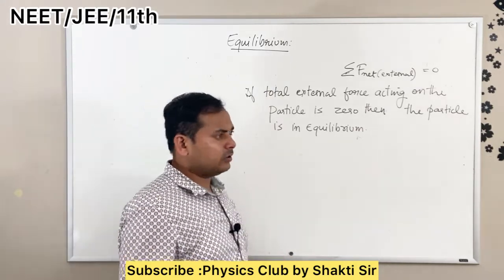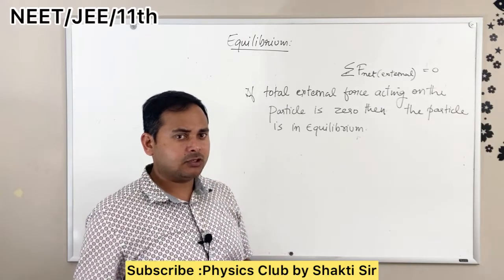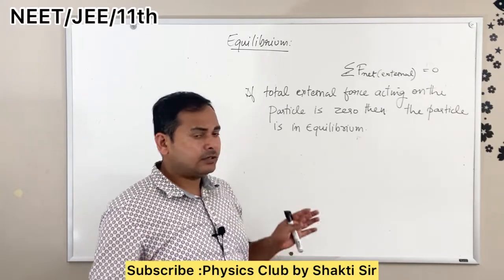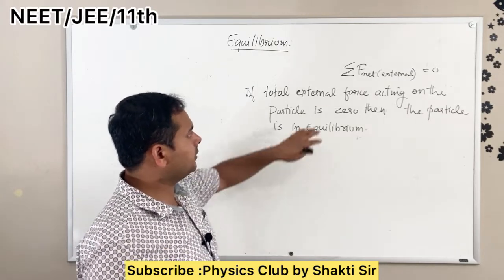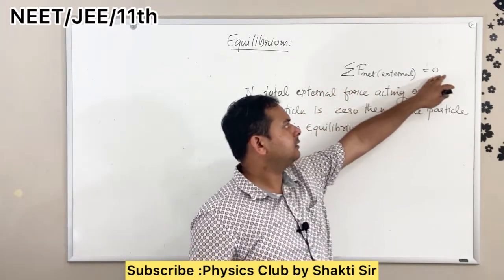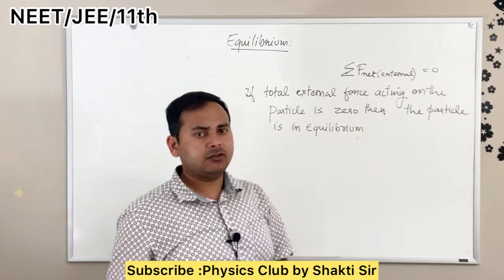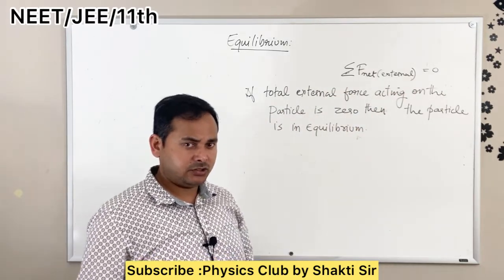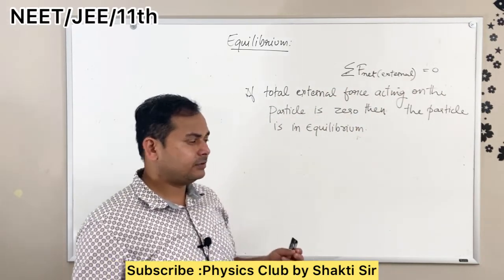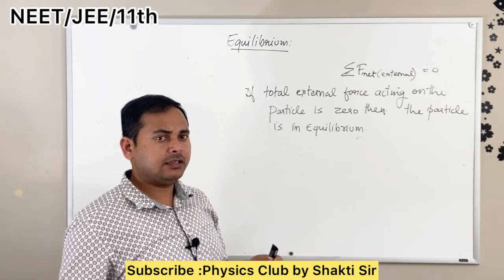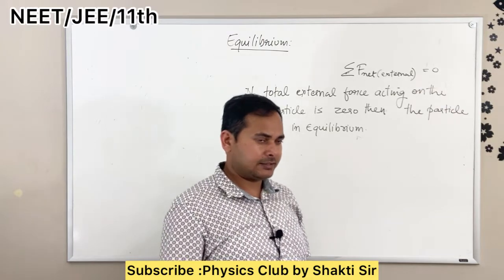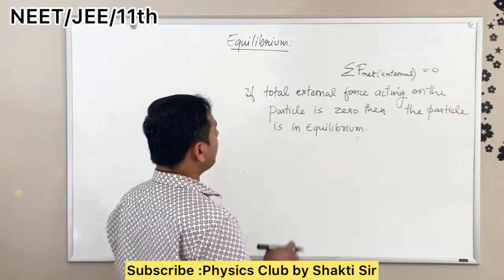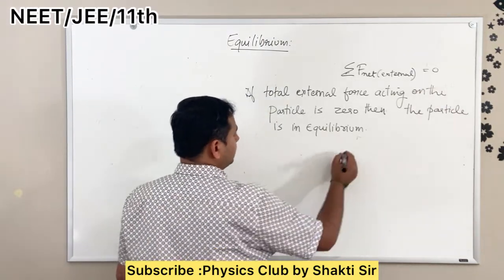So in Newton's laws, we are not considering rotational equilibrium, we are just considering translational equilibrium. For translational equilibrium, this is the simple condition: if the total external force acting on the system is zero, then the particle is in equilibrium, that is, it will remain at rest if it is at rest. Okay.